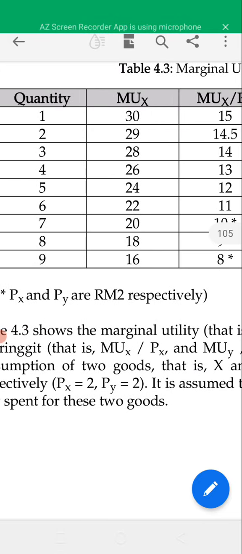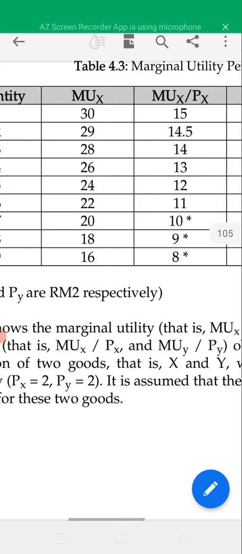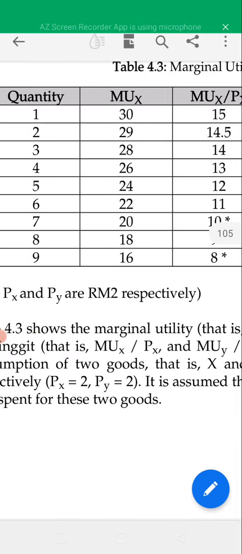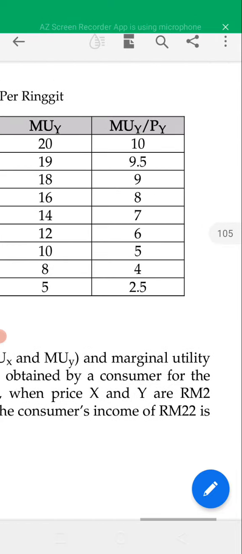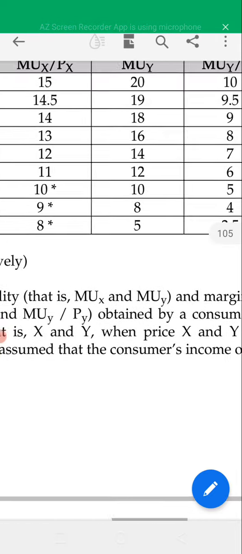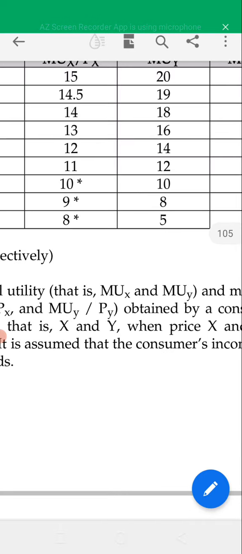Those are 3. So it means bundle B, we're going to have 8X and 3Ys. So here is the 9, and there's another 9 here. So we go again and look for the other one. They can be a lot, but there'll only be one bundle that will maximize the utility. So let us look for the other one.